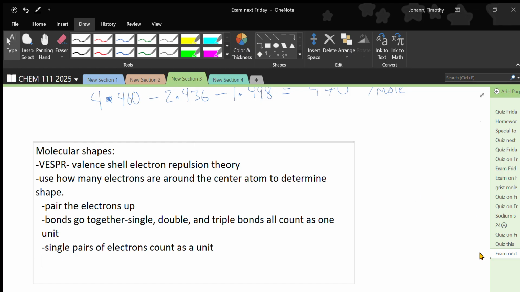Then the rule we're going to use is that groups of electrons are going to move as far as possible away from each other on that center atom. Imagine that center atom as a sphere. How can I arrange everything on that sphere so it's all as far away from each other as possible? Remember, electrons are negative, they're repulsive, and they push away from each other.